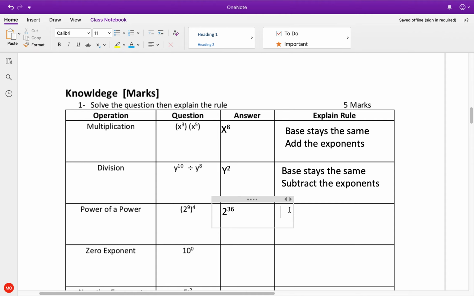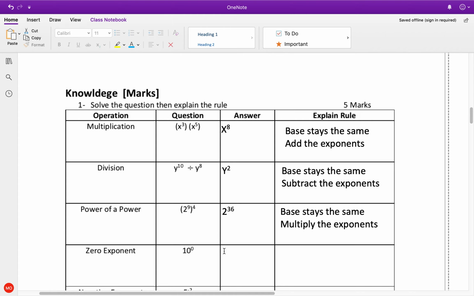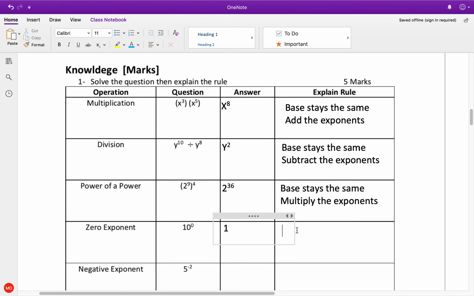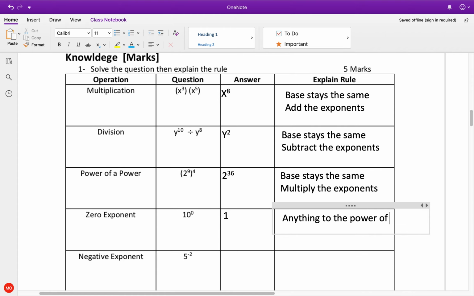And the base stays the same. Multiply the exponents. The answer here is just basically 1, and the rule there is anything to the power of 0 equals 1.